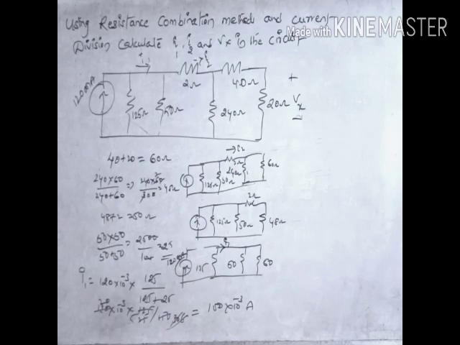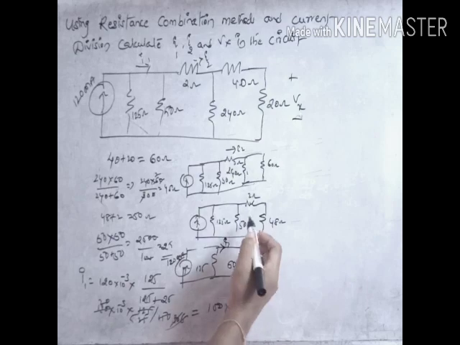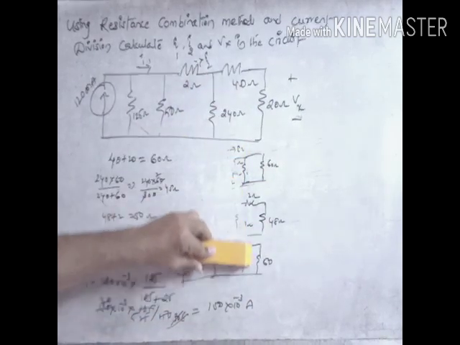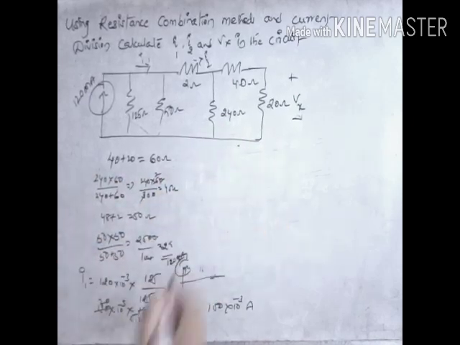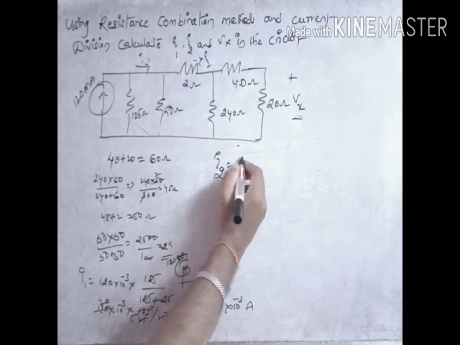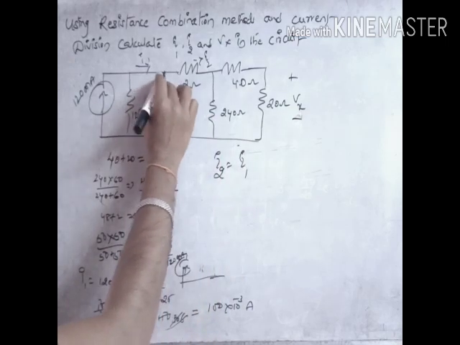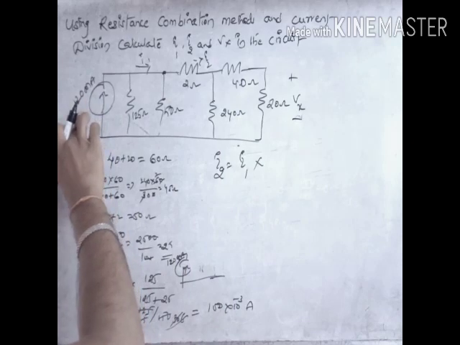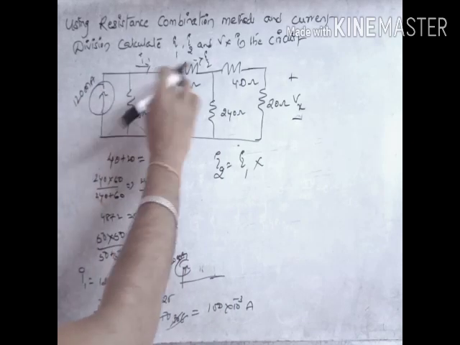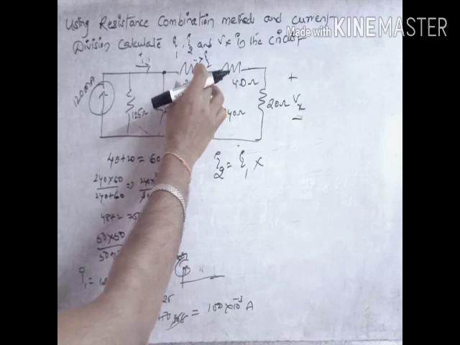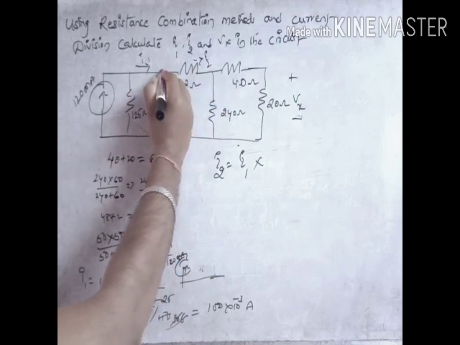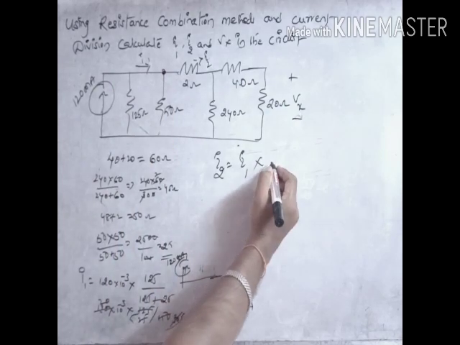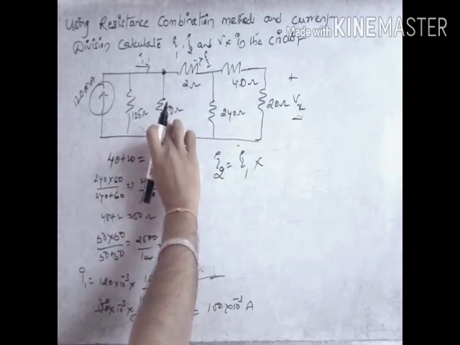Again similarly we will calculate this I2. For the calculation of I2, we need the total current entering this node, that is I1, now it is not 120 milliamperes, it is I1 amperes. For the current division method we have to take the total current entering the node. So the total current I1 into the opposite resistance, here R2, which is 50 ohms.